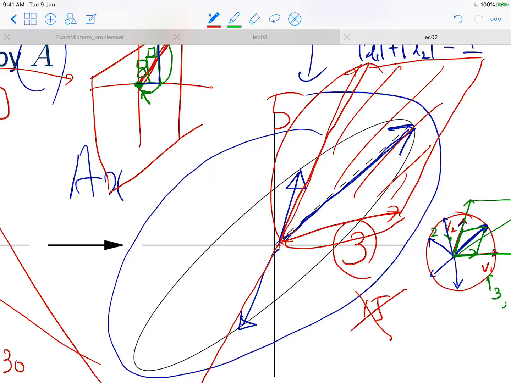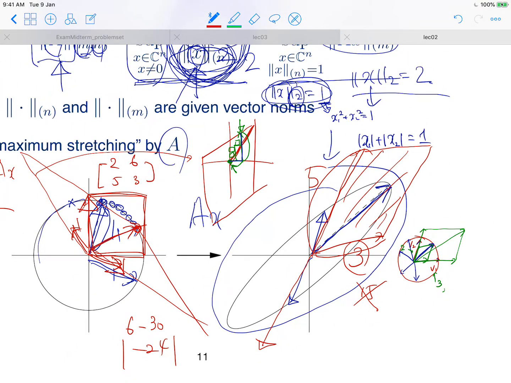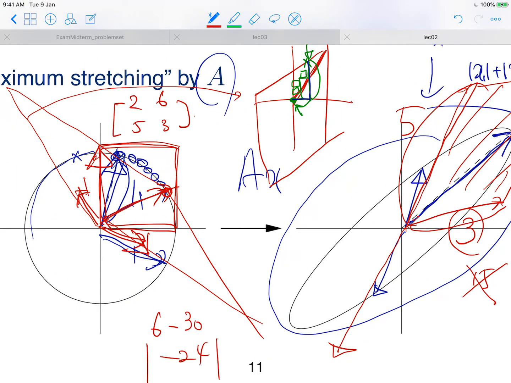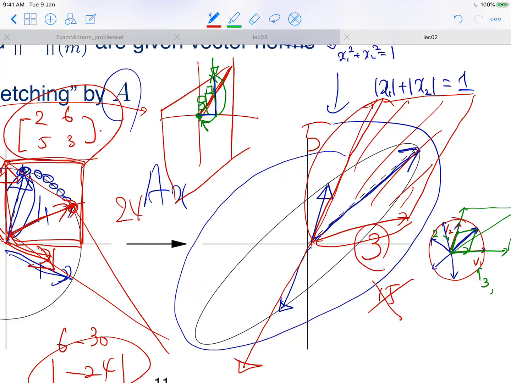In this case, the determinant is negative 24, and taking the absolute value, we obtain 24. The ratio of the area between this rectangle and that parallelogram is 24.